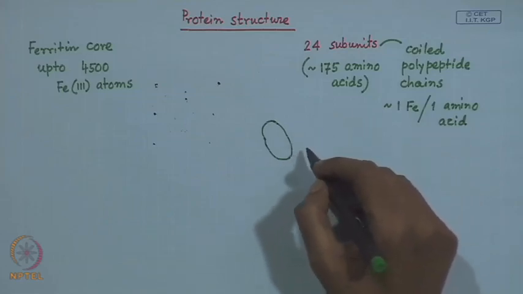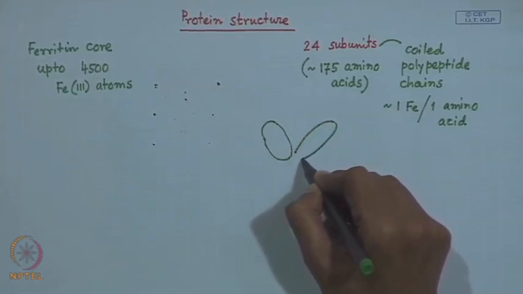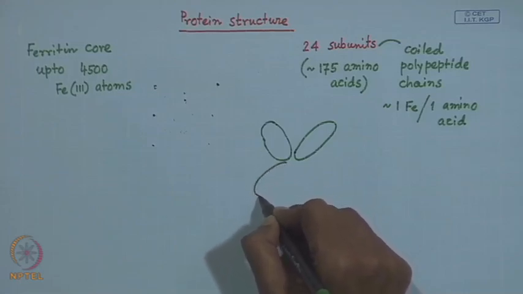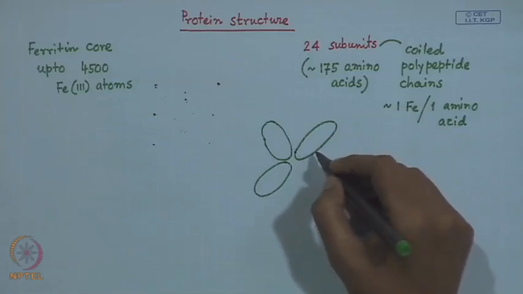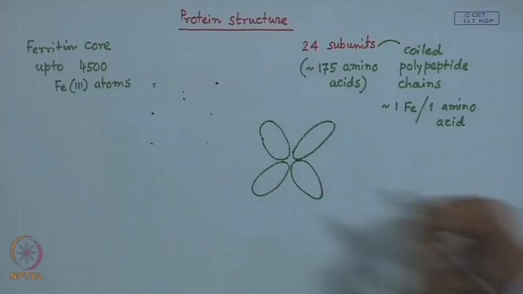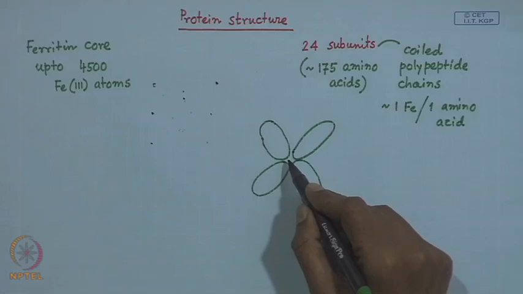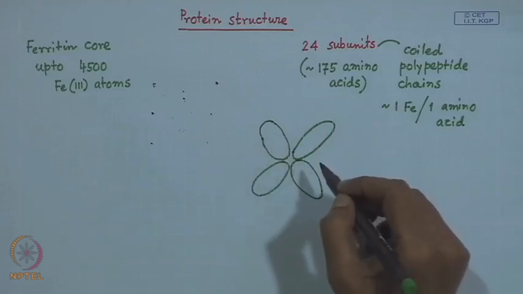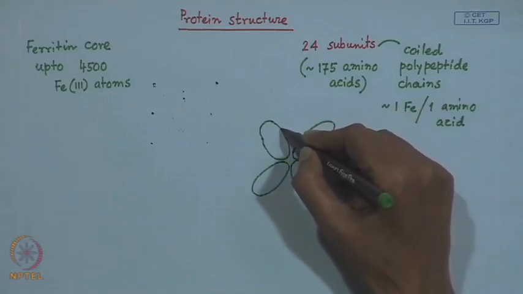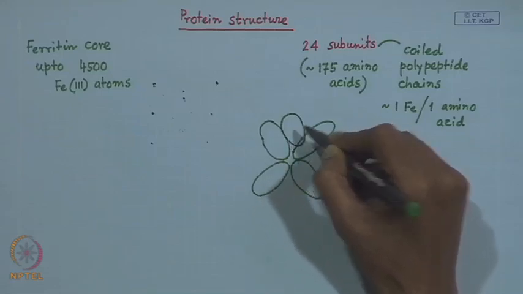So, this is one, and then you can have another on this side, then you can have another on this side. So, basically how I am placing all these things, because you have a four-fold symmetry. So, you have a square arrangement placing all these groups, and next, the other ones are also overlapping, some amount of overlap is there.